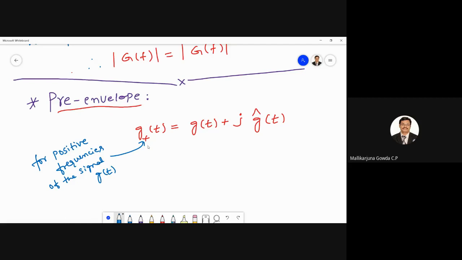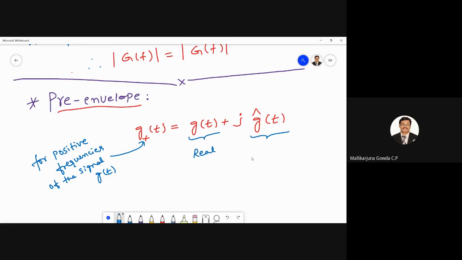This plus sign indicates it is for positive frequencies of the signal g(t). So it has two components.